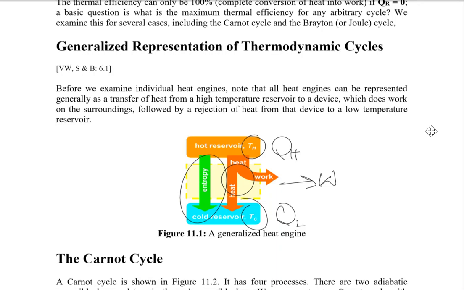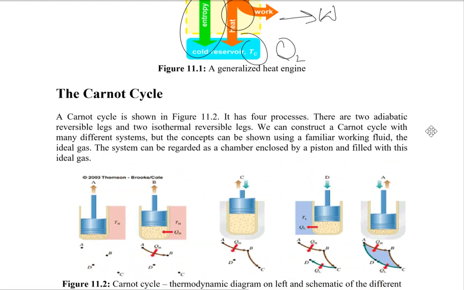Let's move forward to the Carnot cycle. In the last lecture we said the Carnot cycle works between two temperature reservoirs, and we were assuming those reservoirs were not changing their temperature. In other words, when we were extracting heat from the high temperature reservoir, its temperature was not changing, and when we were rejecting heat into the low temperature reservoir, its temperature was not increasing.